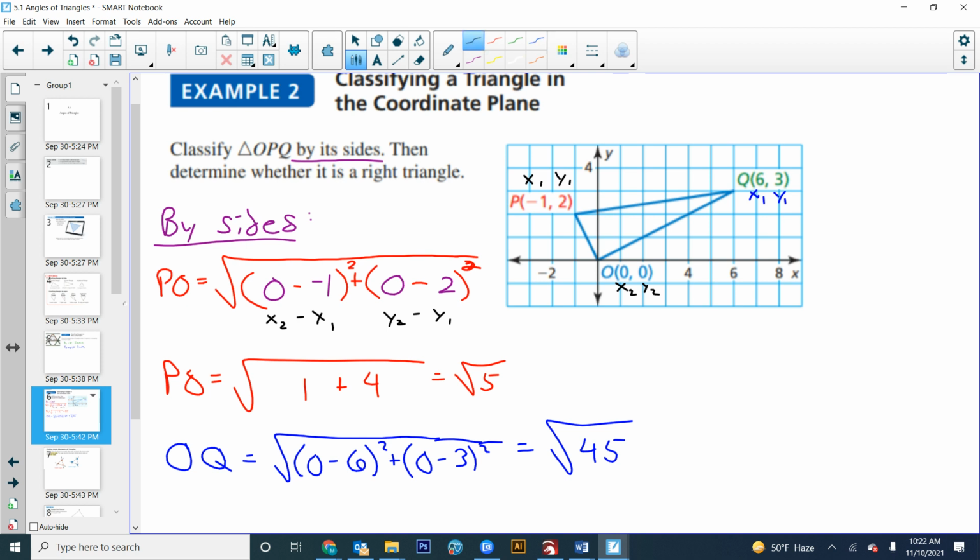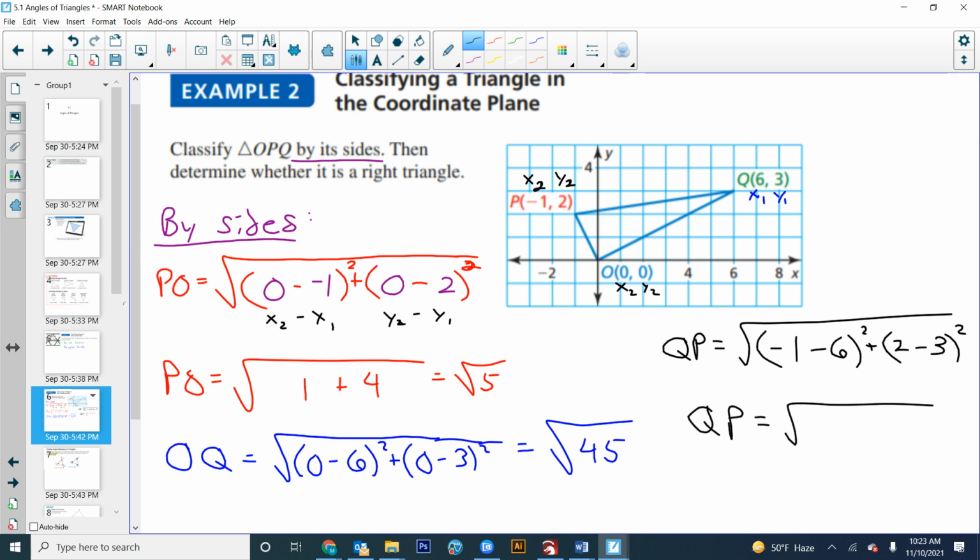Last one. QP. Well, let's just change this to an x2, y2, make it easy. All right, here we go. So let's do a -1 minus a 6 and a 2 minus a 3.